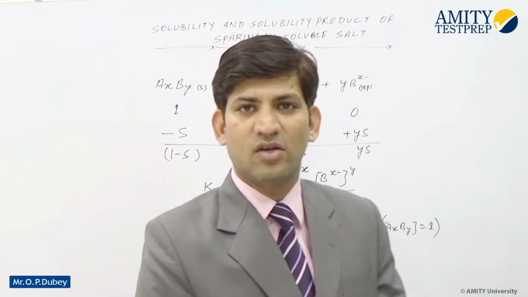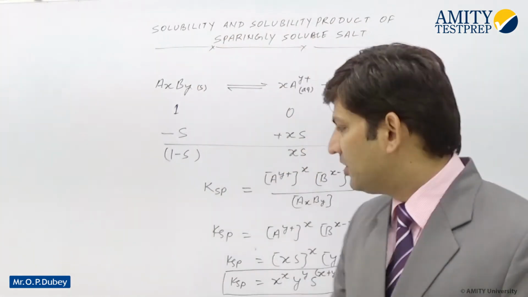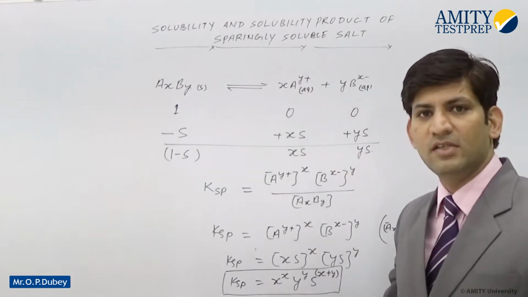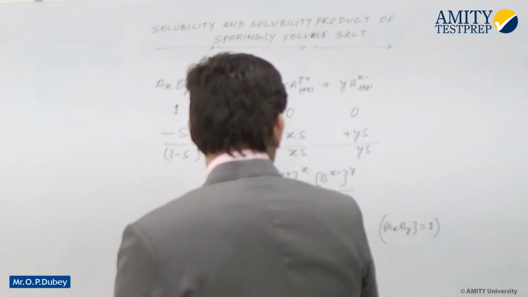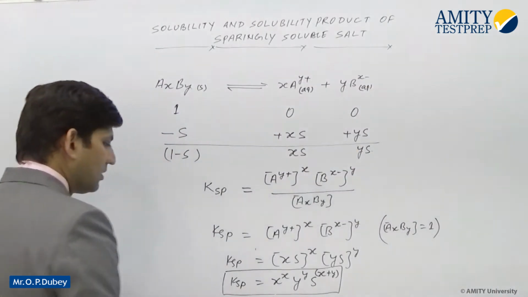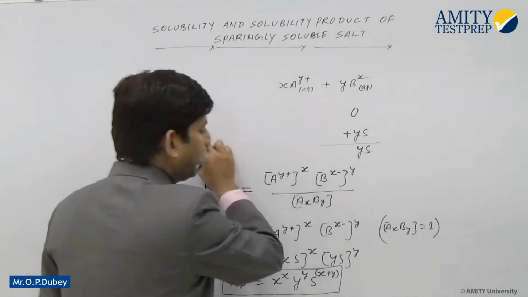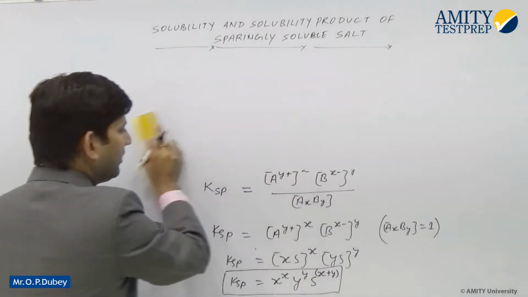This is the general expression for Ksp of a sparingly soluble salt. If any sparingly soluble salt is given, we can easily determine the expression of Ksp from this equation. The working formula is Ksp equals x^x, y^y and S raised to the power x plus y.